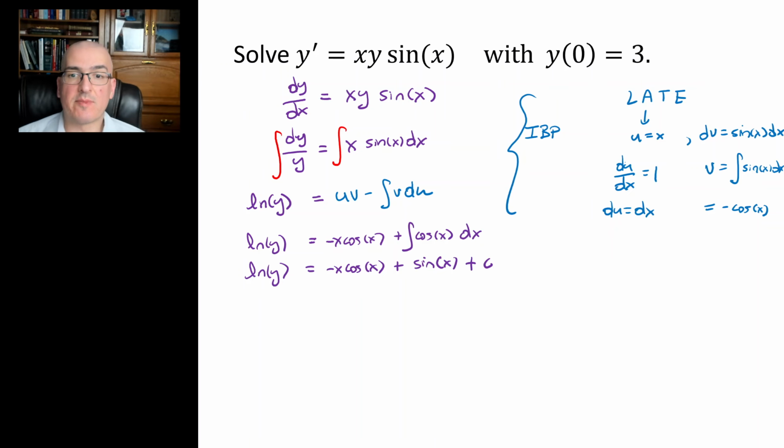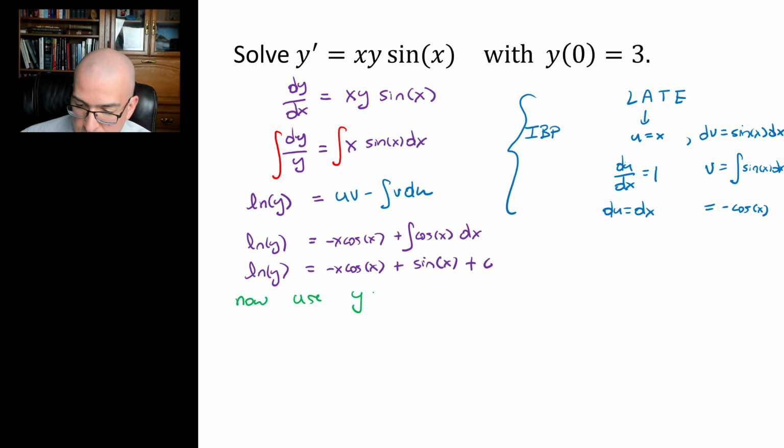So in the last example, what we did was we rearranged the expression and then we solved for c. And I'm going to show you that we could solve for c here and then rearrange the expression after. Now, use y is equal to 3 when x is equal to 0 to find c.